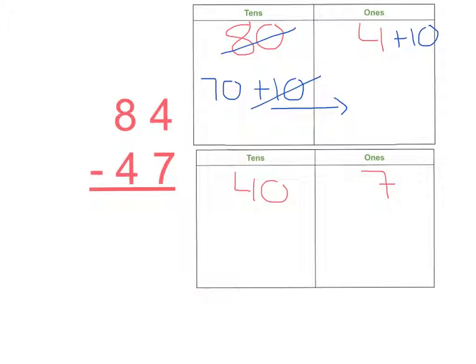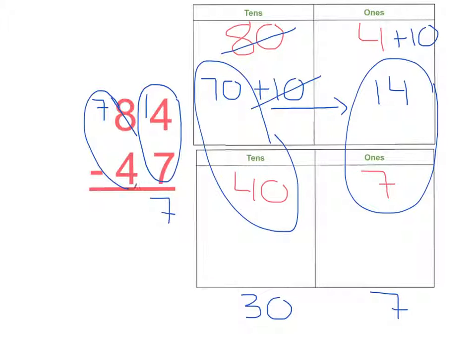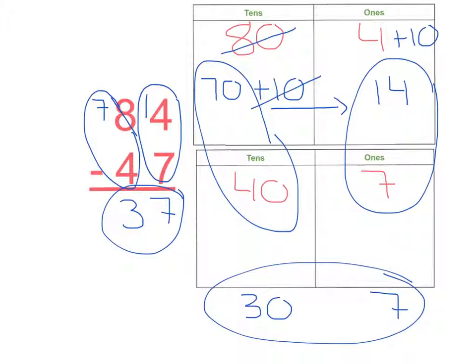So now I'm left with 70, and I'm left with 14. And 14 minus 7 is 7. And 70 minus 40 is 30. Now if I look over here at my problem, remember you can think of it as cross the 8, make it a 7, and then the 10 comes over in front of the 4 to make 14. 14 minus 7 is 7, and then 7 minus 4 is 3. So 37 is my answer.